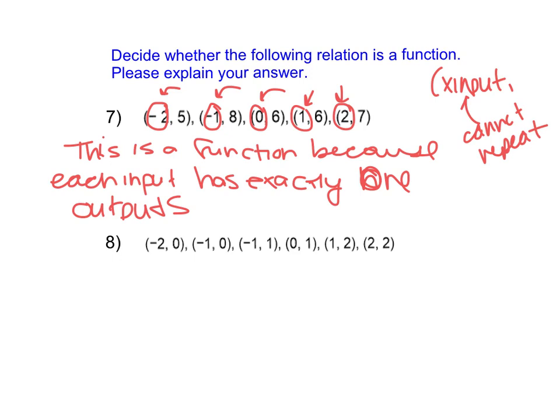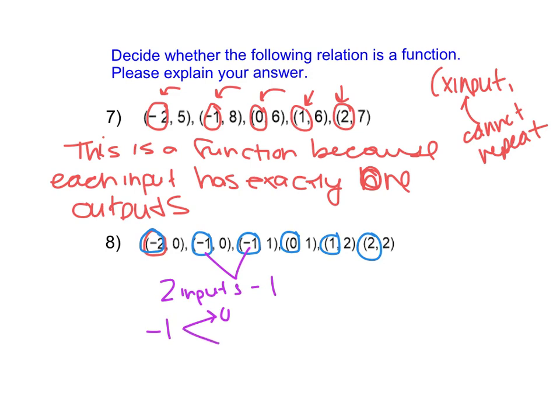Now, if we look down at the second example down here, I see I have inputs of -2. I'm going to switch colors here. Hold on. -2, -1, -1, 0, 1, and 2. And what I notice here is I have 2 inputs of -1, and essentially -1 is going to 0 and to 1 as outputs.